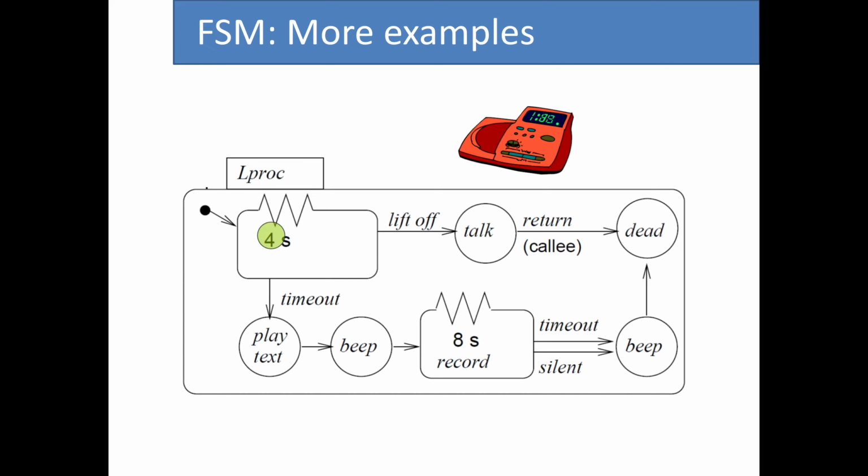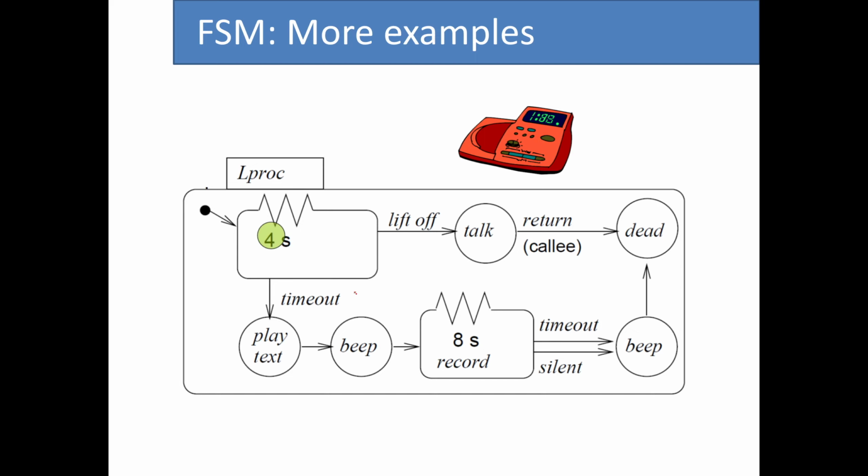This one is an example of a phone answering machine. Of course, the symbols that we are using here are a bit different. Whenever someone calls, you wait 4 seconds. If the person on the other side lifts the phone, you start talking. After the talk ends, you go back to the initial state, right?